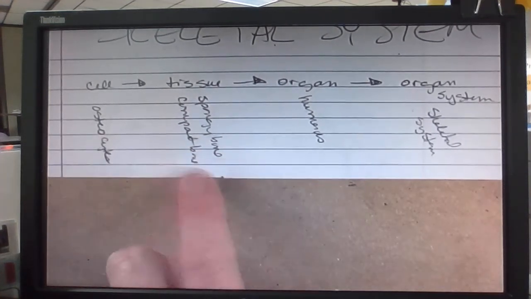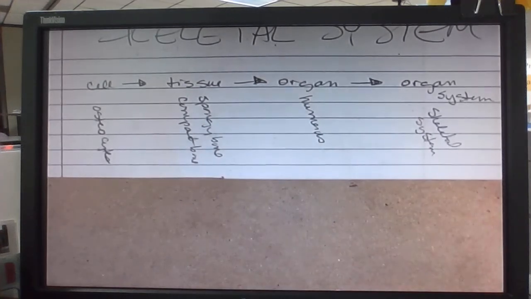Osteocyte, spongy bone, compact bone, humerus, skeletal system.